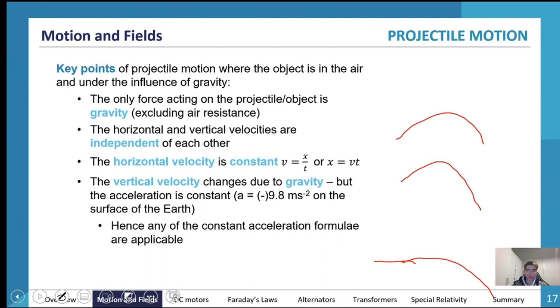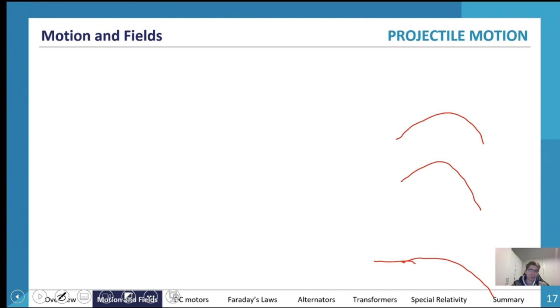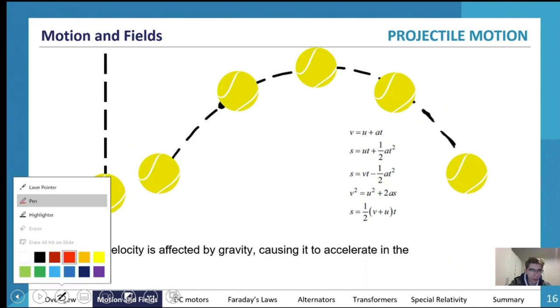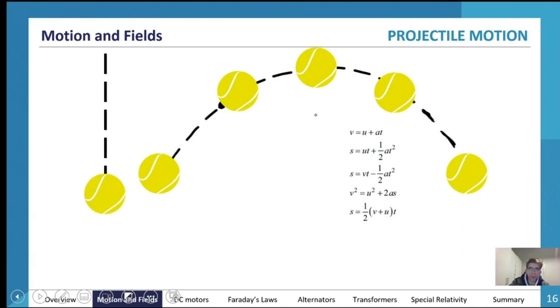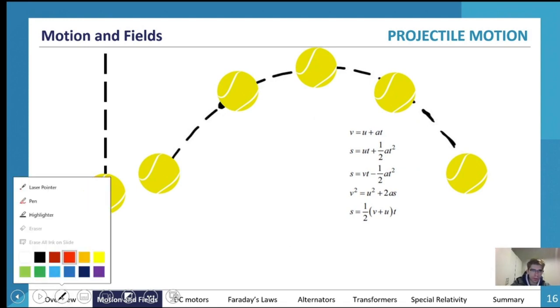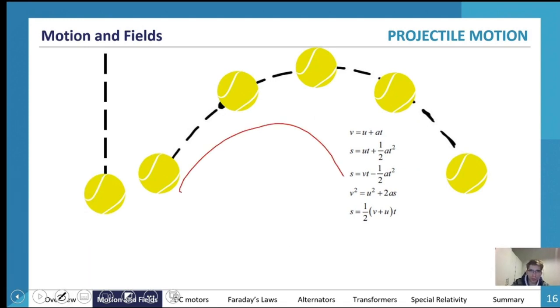On the projectile, air resistance affects the projectile path. It will shorten the projectile path in both the vertical and horizontal plane. So if there is air resistance present, the projectile will reach a lower height and a smaller range. Range is the horizontal displacement of the projectile.